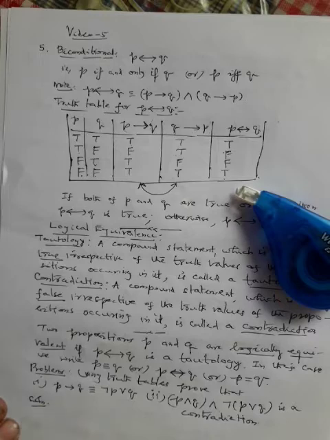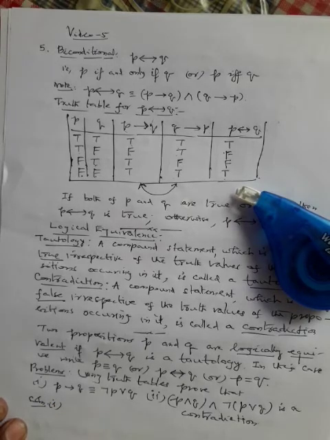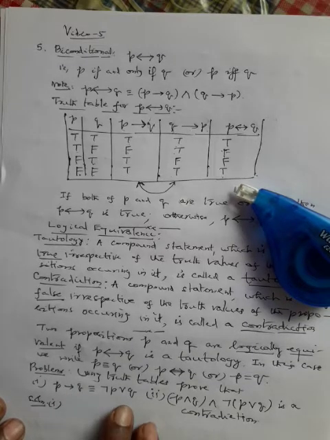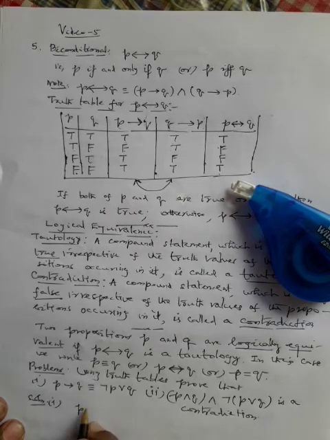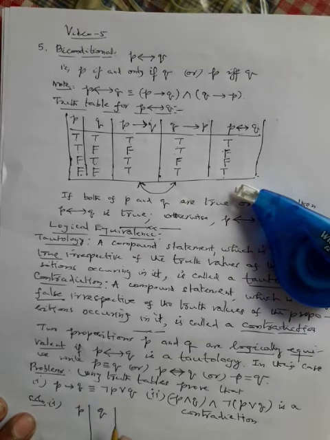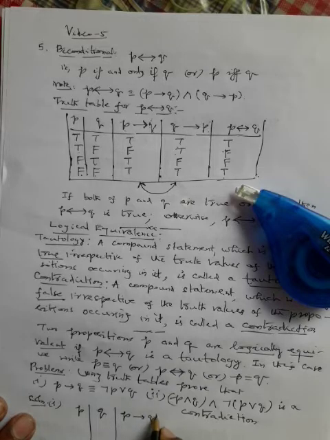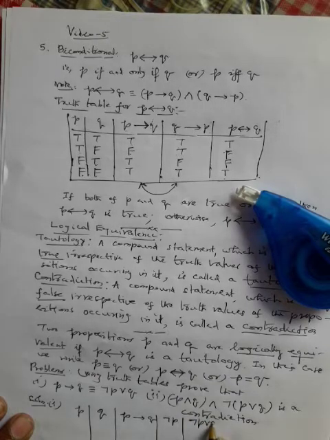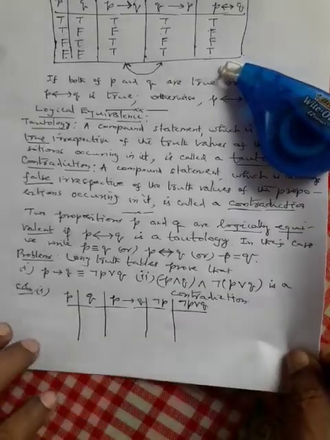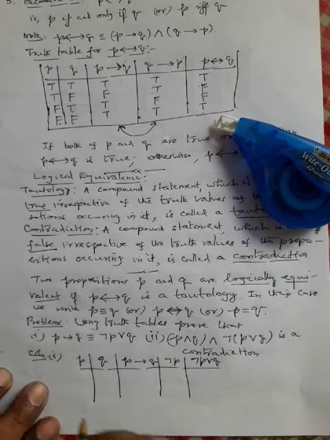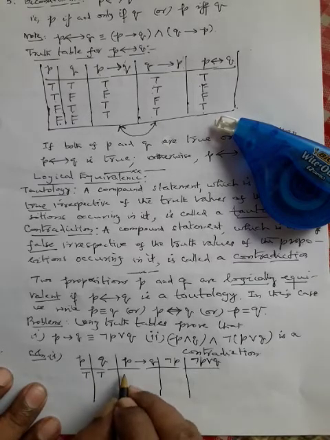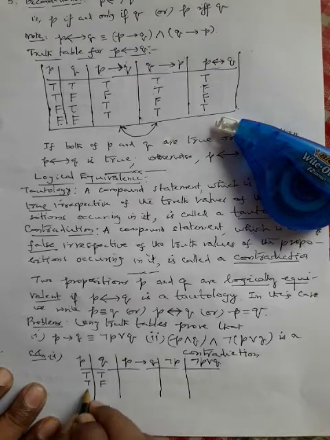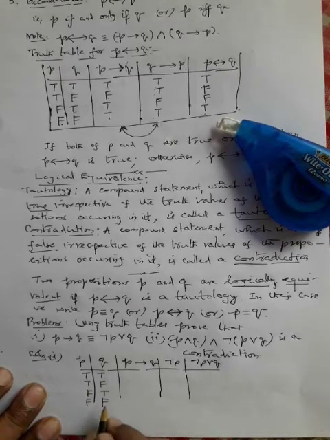Solution. Now we'll prove the first one. P conditional Q is logically equivalent to negation P or Q. So we have P, Q, then P conditional Q, then negation P, next negation P or Q. Here we have TT, TF, FT, FF.